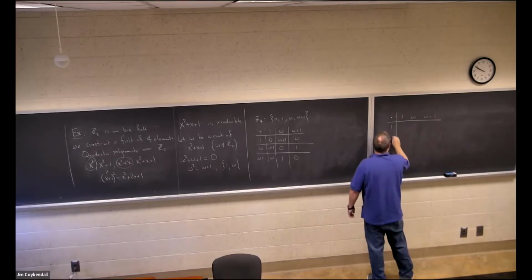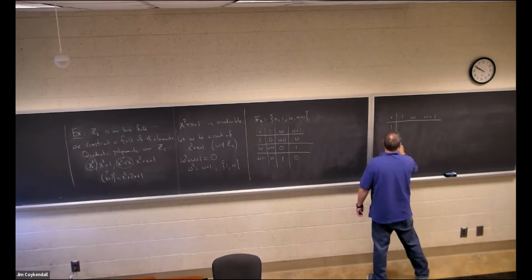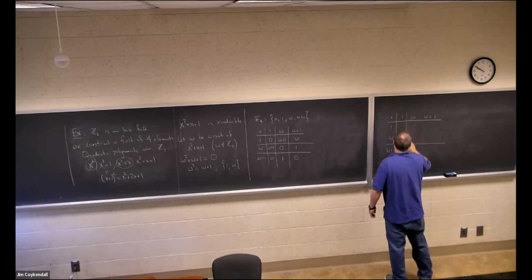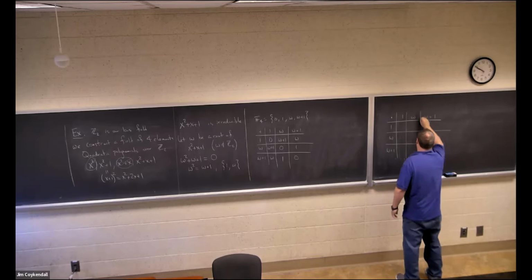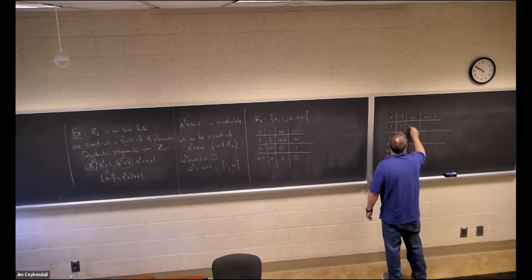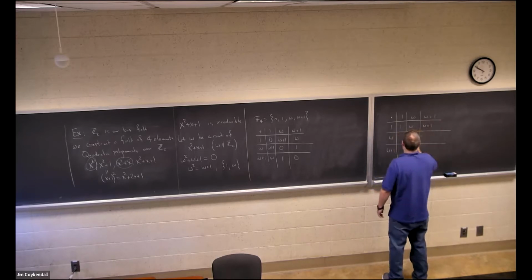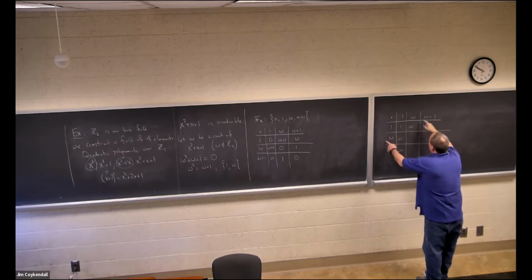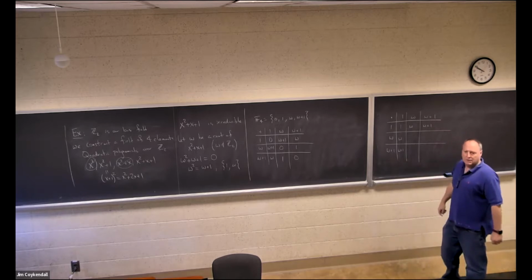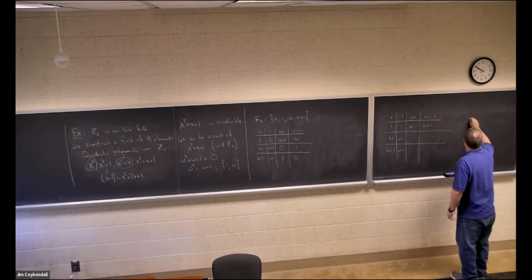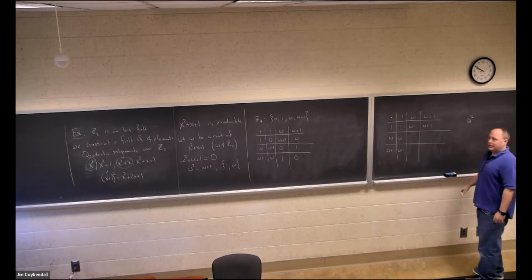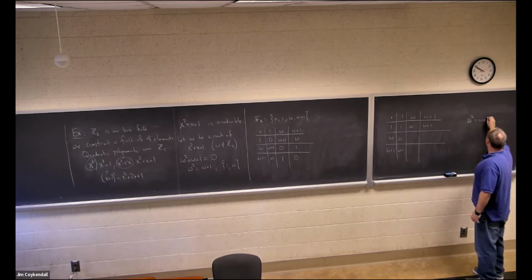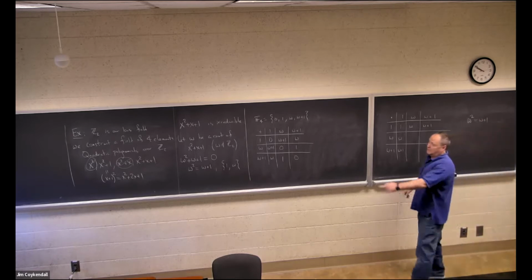If I multiply anything by 0, I get 0, so I'll leave that out. And 1 times anything is itself. Now, what's omega times omega? Well, it's omega squared, but that's equal to omega plus 1, because of this identity here.